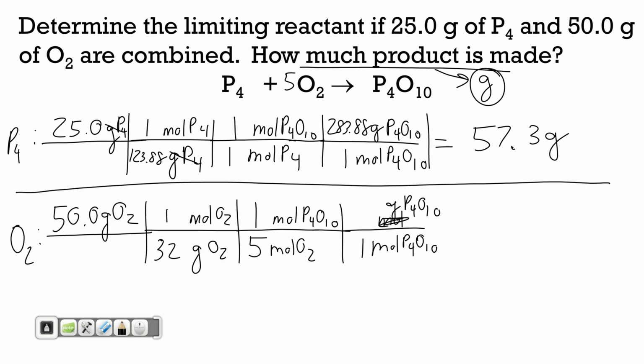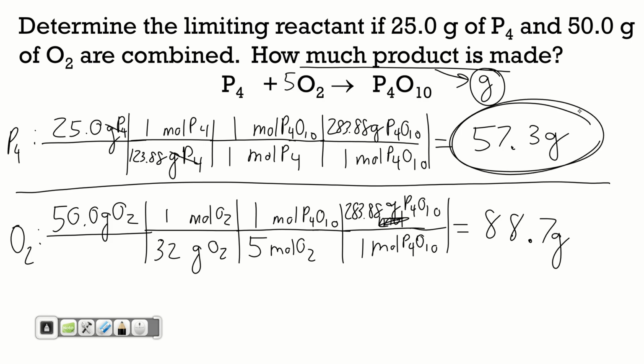Now you don't have to recalculate this, you have it above, so this is still 283.88. All right, let's see how much this would produce. 50 times 283.88 divided by 32 divided by 5. This is going to produce 88.7 grams. So the answer to my question, how much product is produced? It'll be 57.3 grams of P4O10, because P4 is my limiting reactant because it's producing less product.